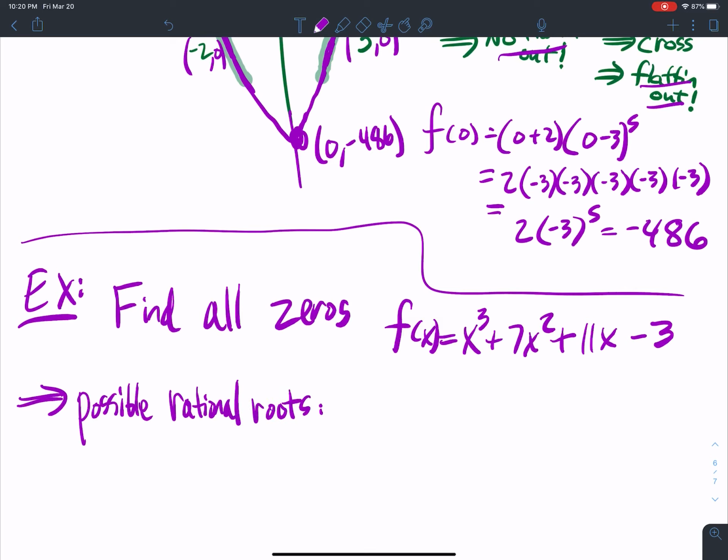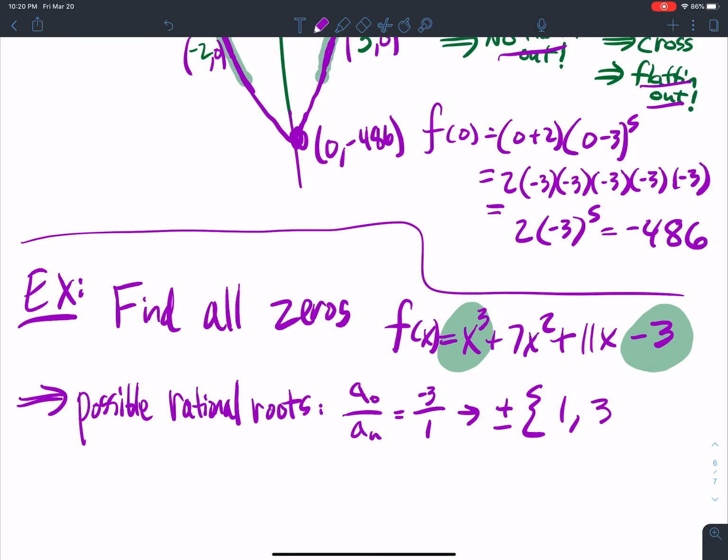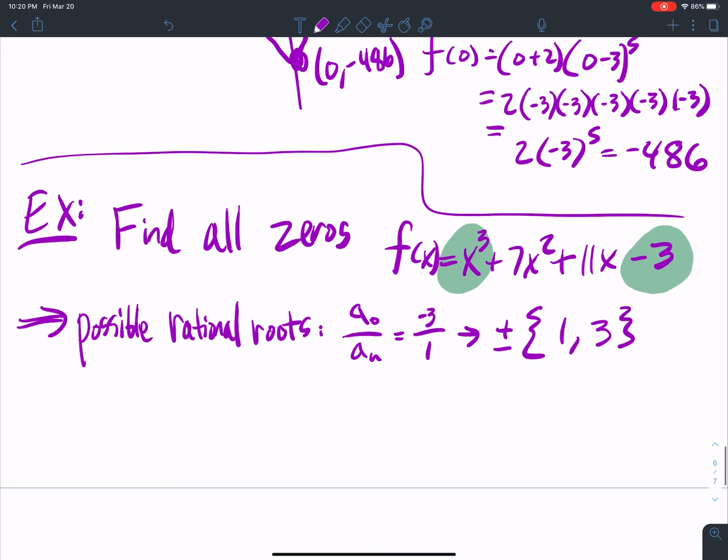I need to know the lead coefficient and the constant. So the constant on top and the lead coefficient on bottom, I get the -3 on top and the 1 on bottom. I do plus minus. What are the factors for -3? It's 1 and 3. So I've got 4 numbers I can check.